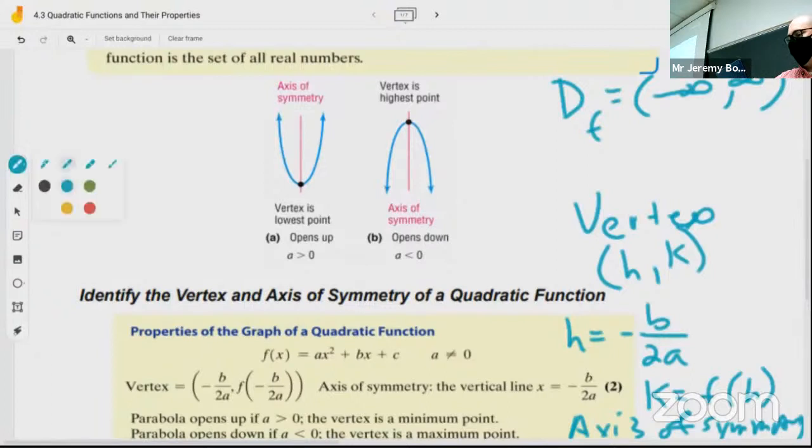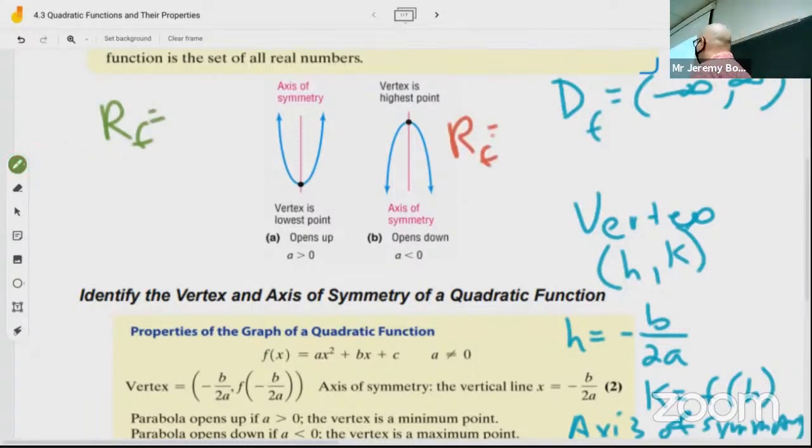So we're going to look at both of these graphs because it's different for both of these.